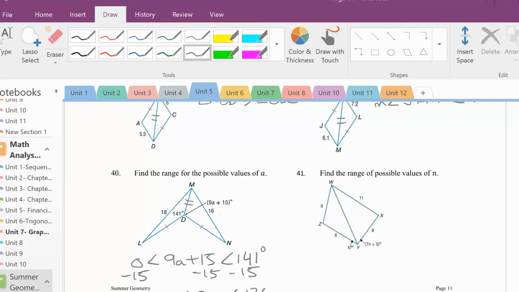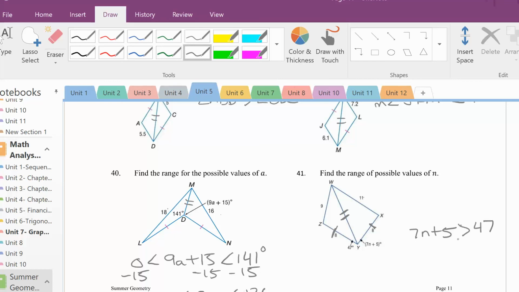For 41, so we know that this side is congruent to this side because they're both 8, and then this side's reflexive. Now, the fact that 11 is bigger than 9 means that 7n plus 5 must be greater than 47.